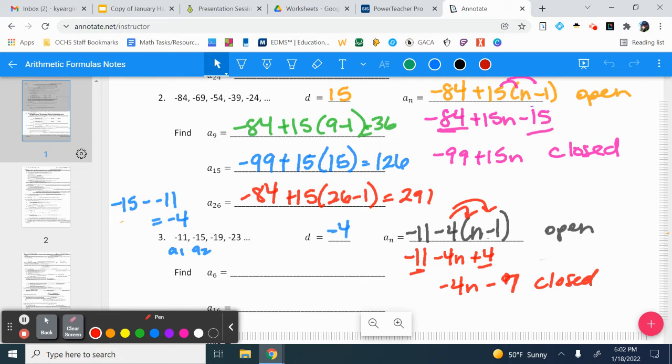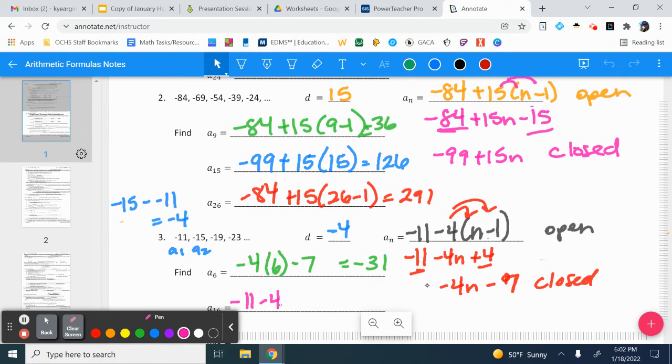And to go back and continue practicing what we have, the 6th term, I'll continue on the path that we were using. So go to the closed form, negative 4 times 6 minus 7. So if I type that into my calculator, I get the 6th term will be negative 31. If I'm finding the 16th term, this time I'll go back to my open formula, just to give you more practice with each.